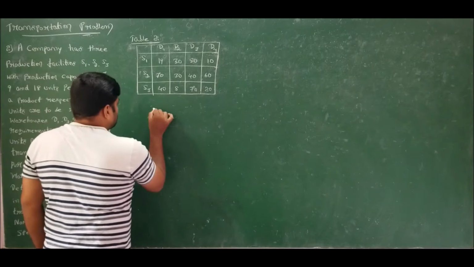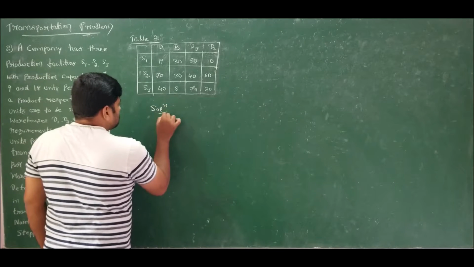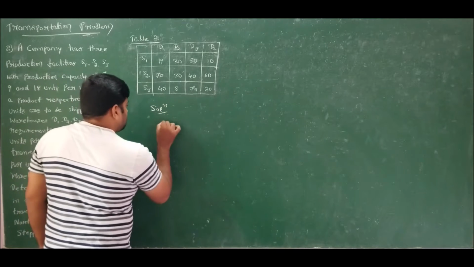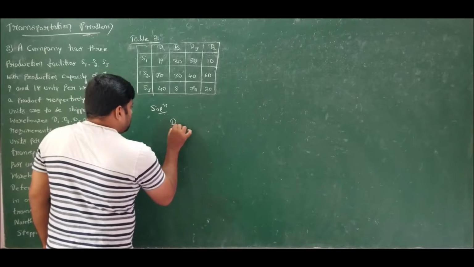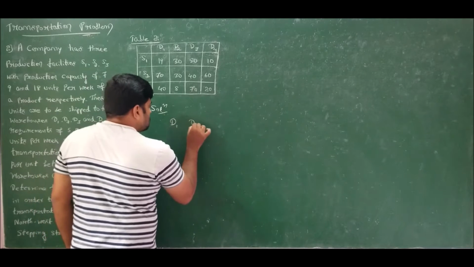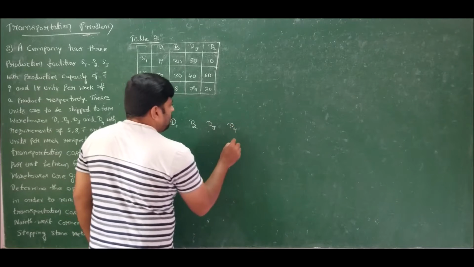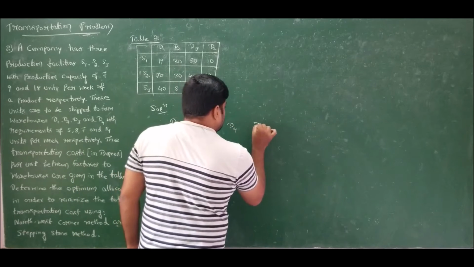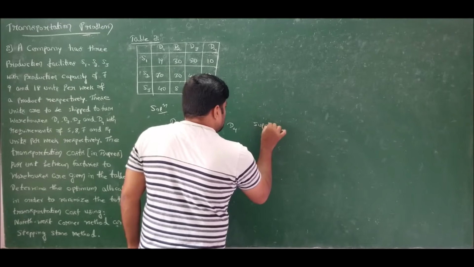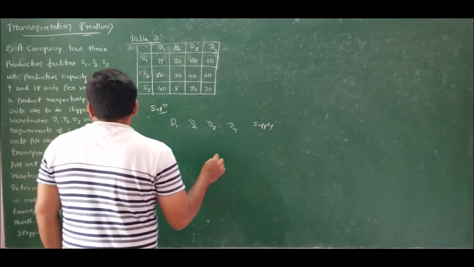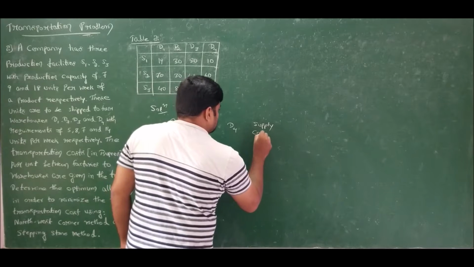Now if I move for solution of this problem, let me rewrite the table given. We have the warehouses D1, D2, D3 and D4. Always at the right we write the supply. Here supply is nothing but the capacity.